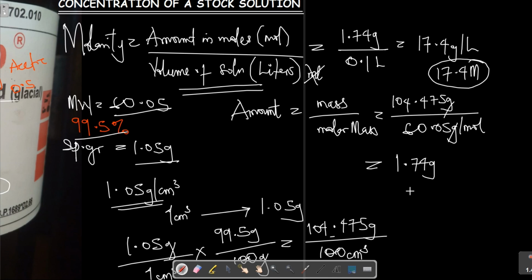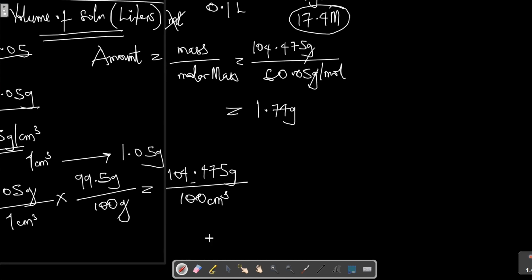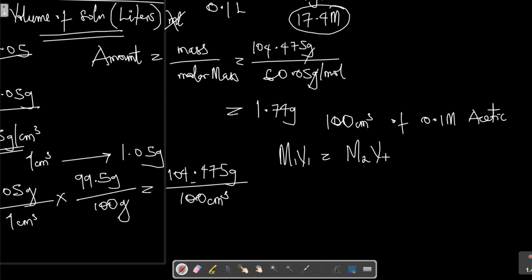Now if you want to dilute it to a lower concentration, let's say you want to prepare 100 cm cube of 0.1 molar acetic acid, all you have to do is use your dilution formula M1V1 equal to M2V2. The initial concentration is what you've calculated now to be 17.4 molar times V1.